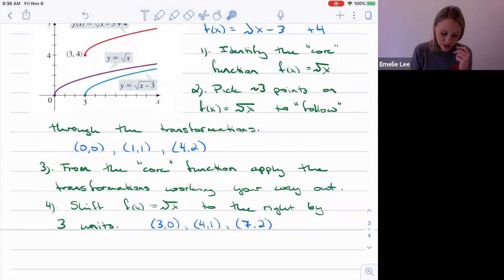Okay, and we can check 3, 0, 4, 1 looks about right. And then 4, 5, 6, 7, 2 looks about right, right? So if you had to graph this, obviously I've given you the graph already, but that's what you would do, and you would just shift everything over and you can just redraw those graphs.